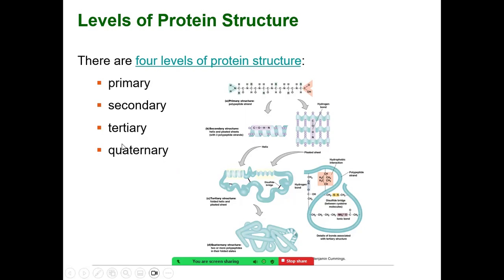But some proteins can have a quaternary level, when different subunits or different polypeptides come together to form the final protein. Like an antibody is made up of 4 different polypeptides that come together to form the protein. When all 4 come together and take on their shape, we call that the quaternary level of protein structure. Any question about any of that?